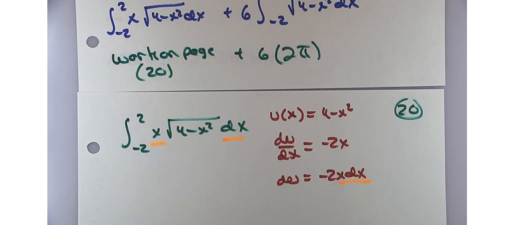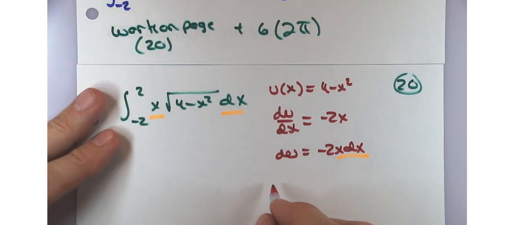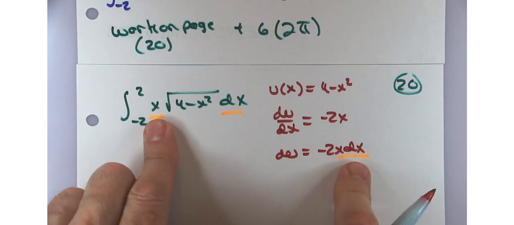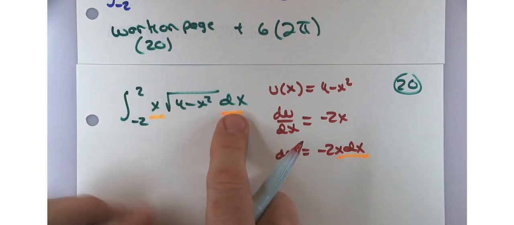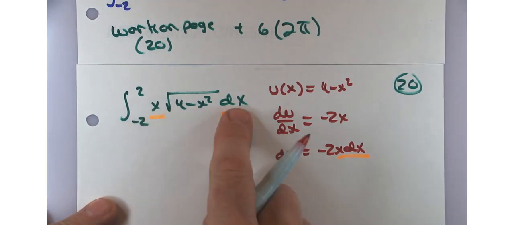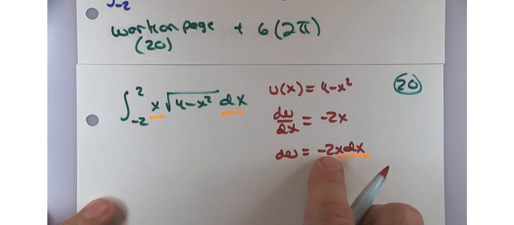Hannah, suggestions. What could I do here? I want to eventually replace that, but it's not an even swap because I don't have a -2 in my integrand. Oh, you're just going to move the 2 then, you're doing the du side? Yeah, we want to move the -2 to the du side.